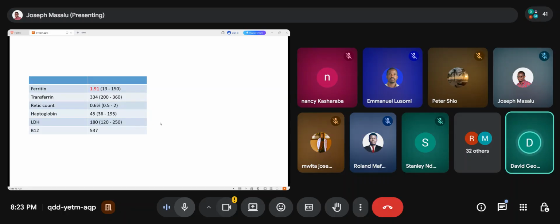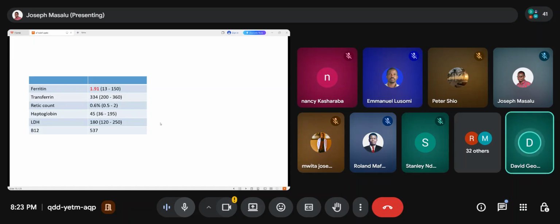A hemoglobin of 5.4. If the bone marrow is responsive, we expect the reticulocyte count to be high. So the hemoglobin was 5.4, if I remember correctly.